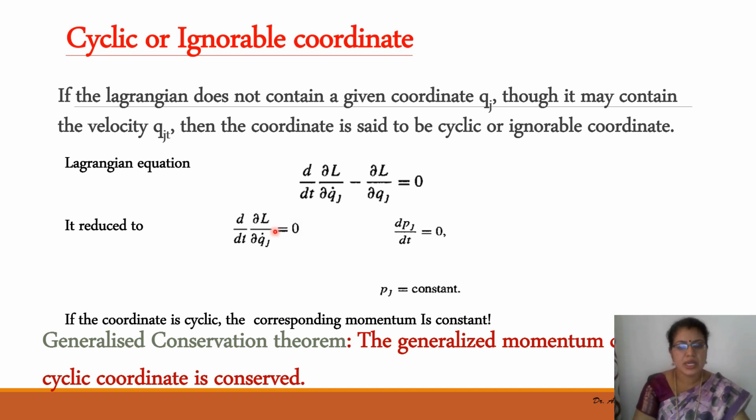We have already seen in the previous slide that dou L by dou q dot j is nothing but the conjugate momentum, pj. So it is dpj by dt equal to 0, which implies pj is going to be constant. So I say that the generalized momentum corresponding to the cyclic coordinate is constant, or it is conserved.